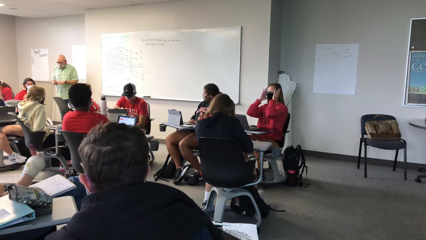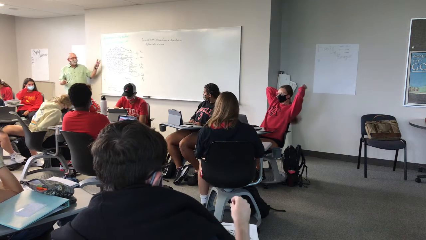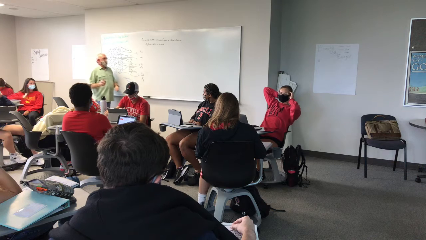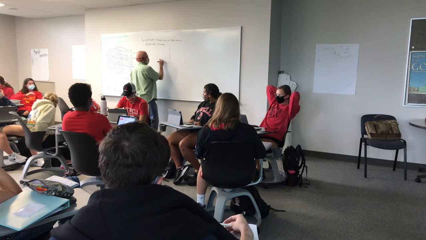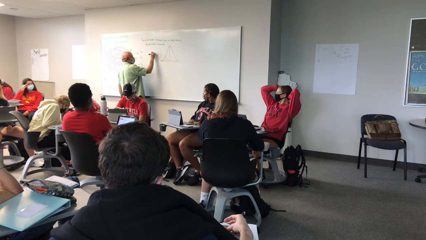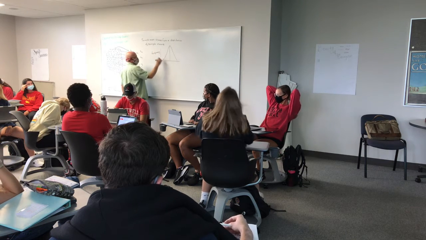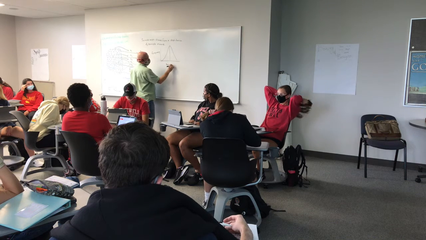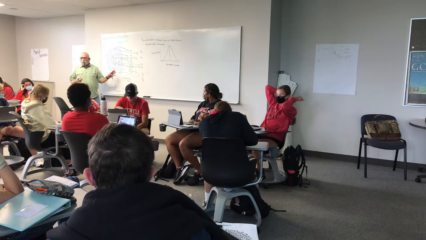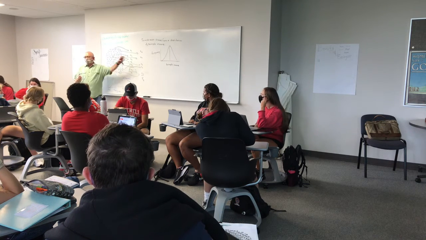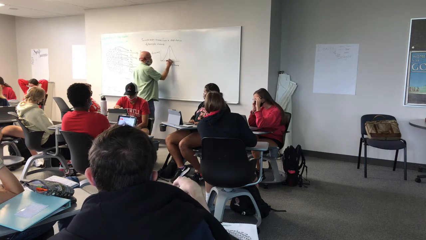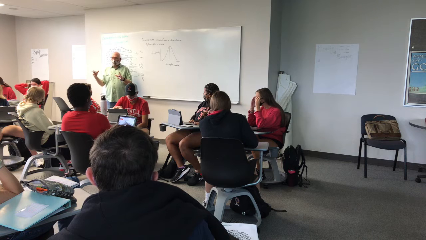But the beauty of the central limit theorem is that if we sample this population over and over and over again, we get a distribution of sample means. Because we're making a distribution of sample means, that distribution will be normally distributed, and the average of that distribution of sample means is going to be what?